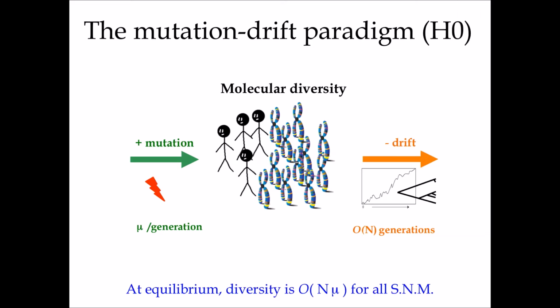Another metric is the number of differences between two individuals, the average difference between two individuals. That's also a function of N mu. If you count the number of different haplotypes in a locus, that's also a function of N mu. Whatever the exact metric, you'll always end up with that measure of N mu.